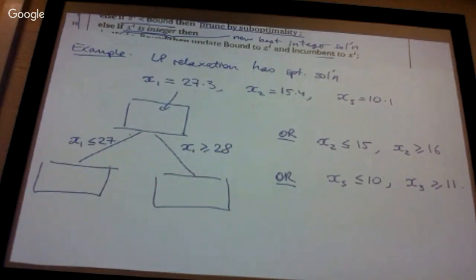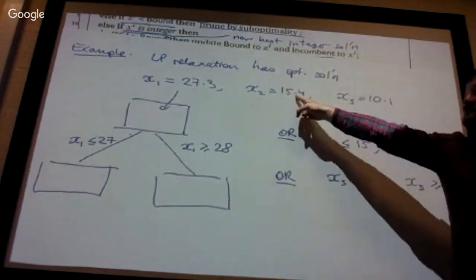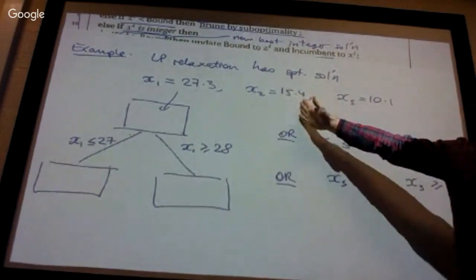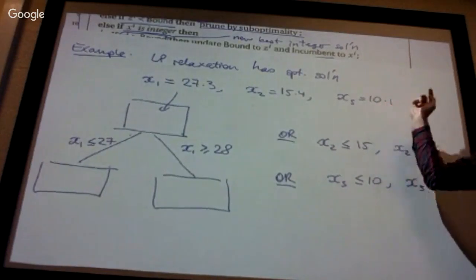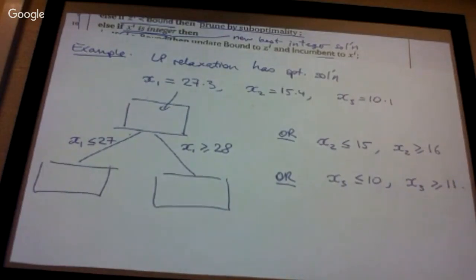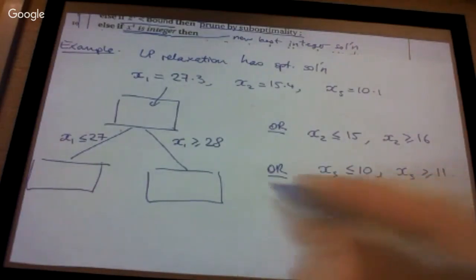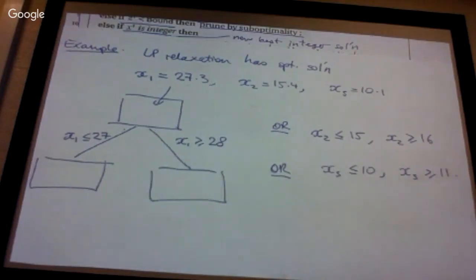And which one to pick? There's kind of a rule, again not guaranteed to work always, but you choose the one where the fractional part is as close to 1/2 as possible. So in this case, you choose this one, that's close to being in the middle, and it's close to 10. So there's no guarantee, of course, that's the best one, but much of the time it works better than not following it.